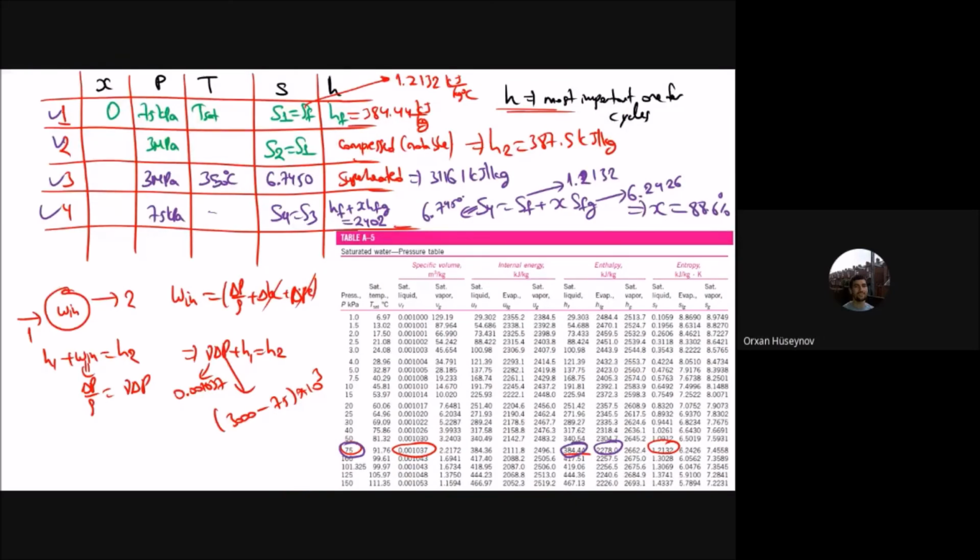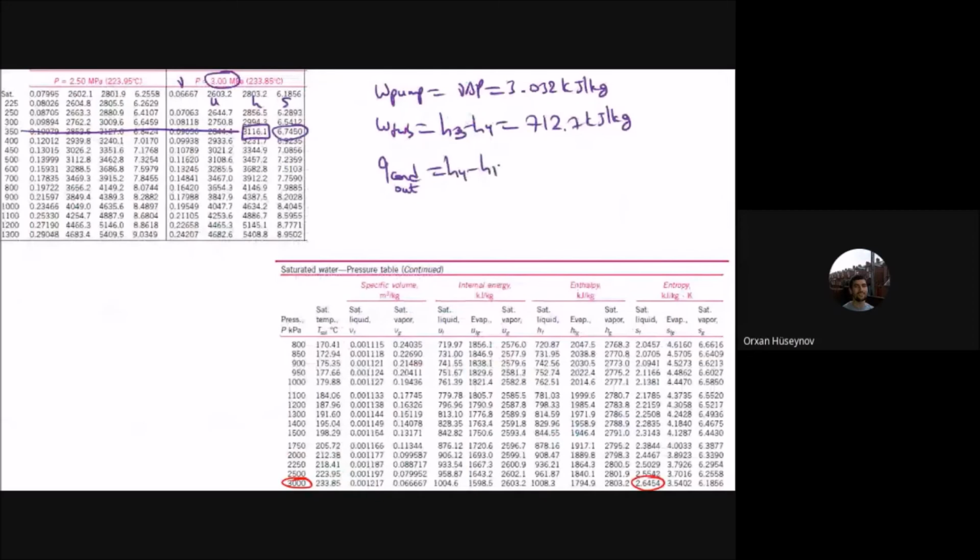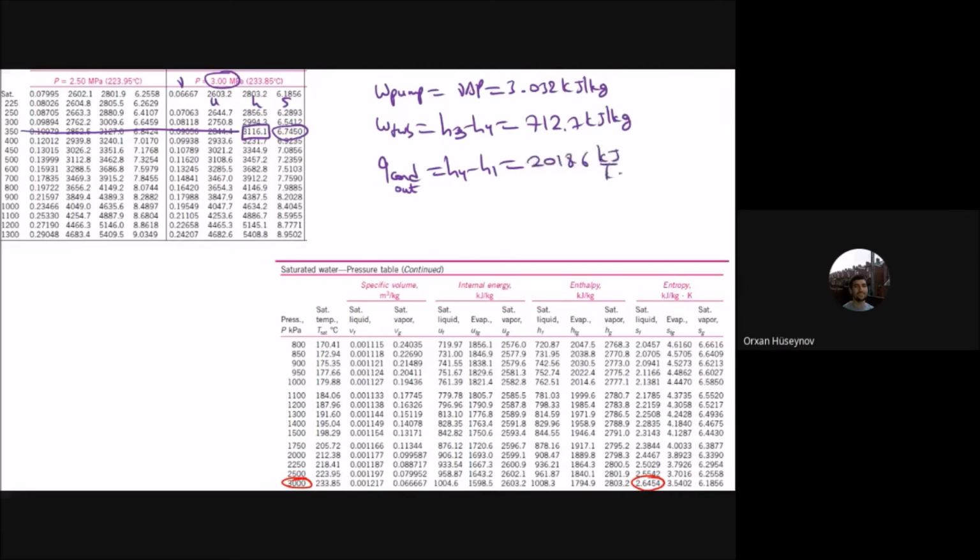And then the Q by condenser, this one is the Q out, heat transfer from the system to the environment. It will be H4 minus H1. Calculate it, you will get that Q out by the condenser is 2018.6 kilojoules per kilogram.